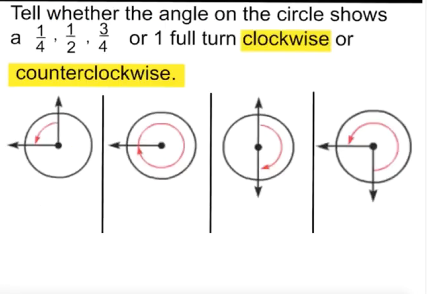Okay, so let's look at now the turns. Tell whether the angle of the circle shows a 1/4, half, 3/4, or 1 full turn, clockwise or counterclockwise. So we have 4 examples here, but I want to focus on the highlighted words, clockwise or counterclockwise. We decide that first. And what decides that is the red arrow, which shows you which way we're turning.